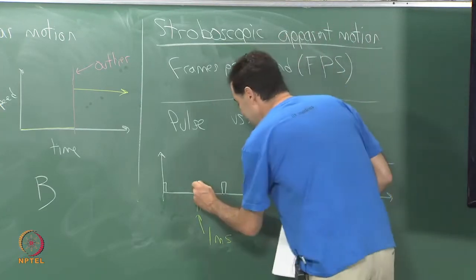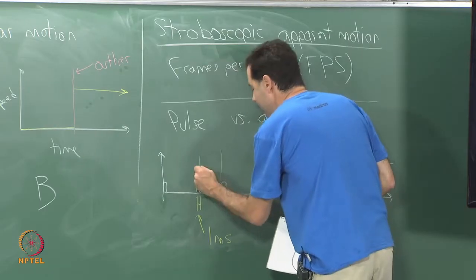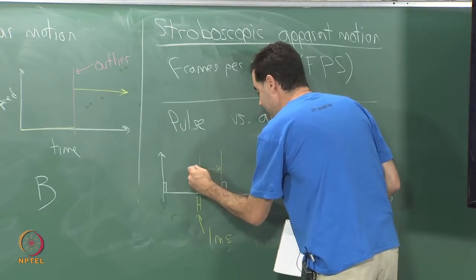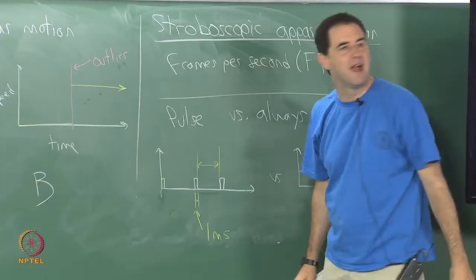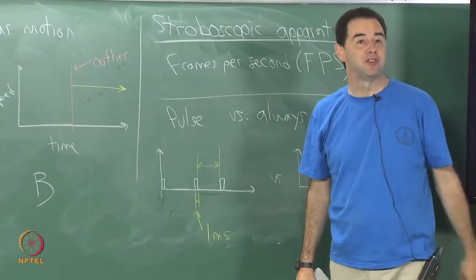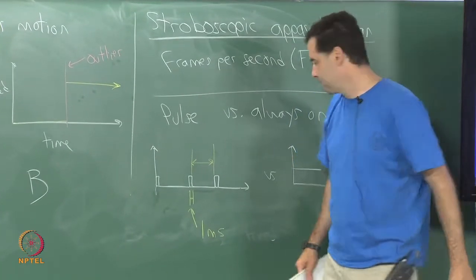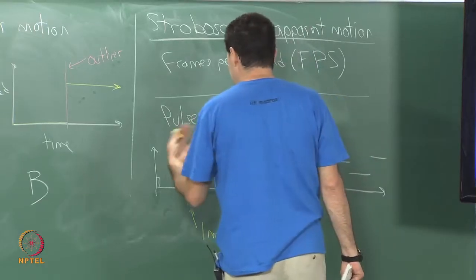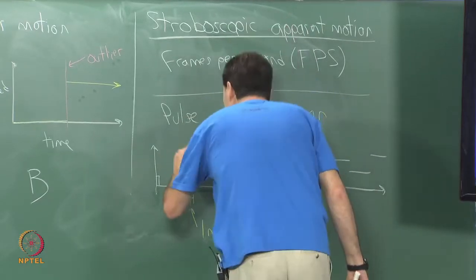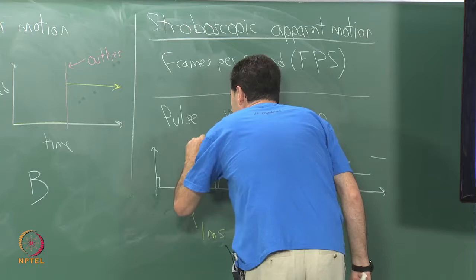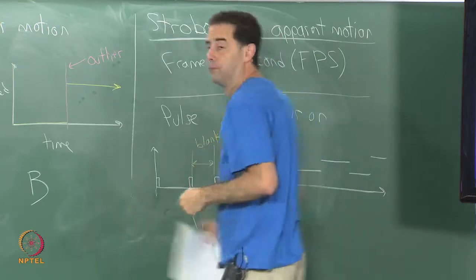So this entire time in here, which could be as long as maybe 99 milliseconds, up to 100 milliseconds or so, the photoreceptors may remember, let's say, the signal. So this is completely blank time.